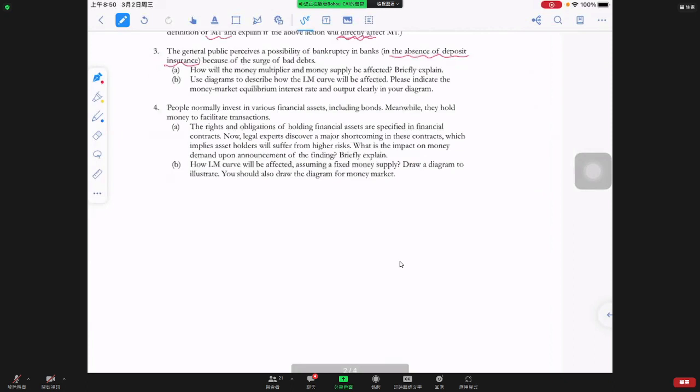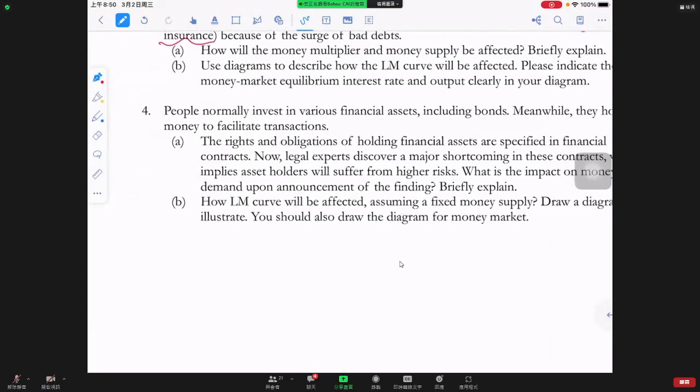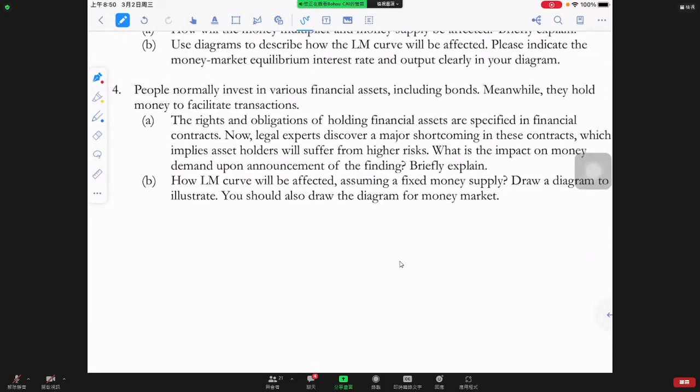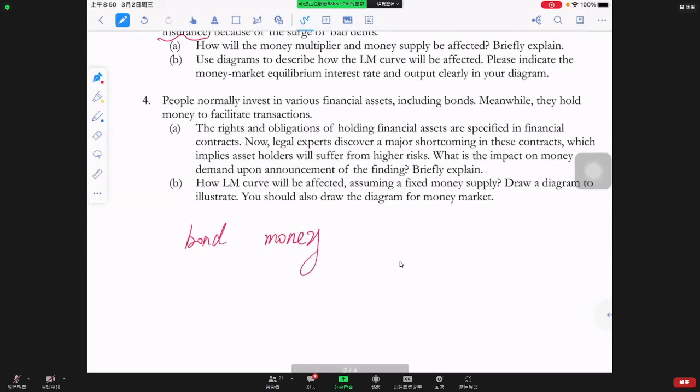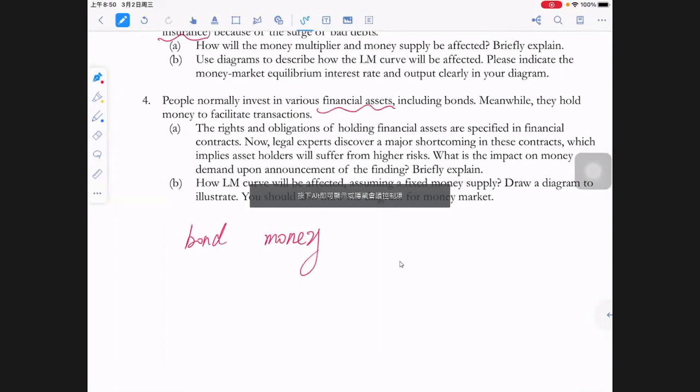So let's go to the fourth question. People normally invest in various financial assets, including bonds. Meanwhile, they hold money to facilitate transactions. So in this question, in our class, as I said just now, people hold bonds and money. And here, he expands the concept to financial assets.